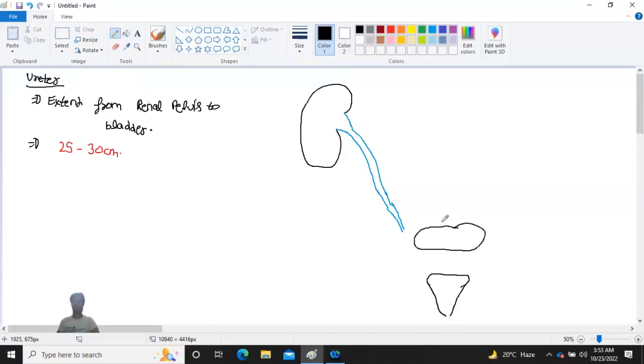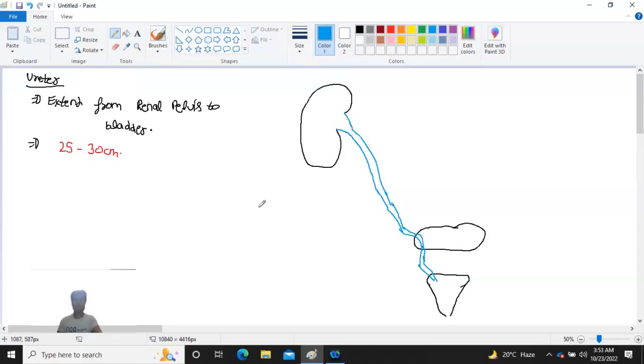This is the pelvic brim. The ureter extends from inside here and then goes to the bladder at the lateral angle.